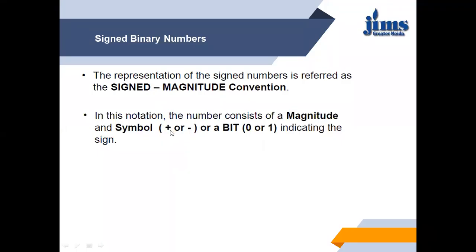The plus and minus can be written on paper with pen for representing the sign. When we manipulate data in the computer, we have to represent it with a bit. So for positive we write 0, and for a negative number we write 1 in the most significant bit, or the leftmost bit of the string.